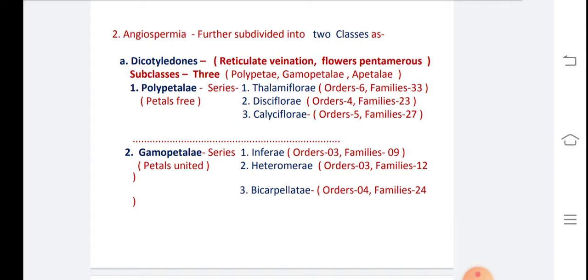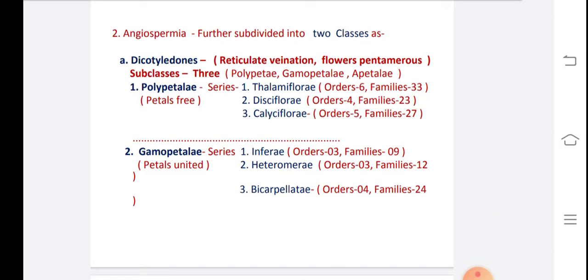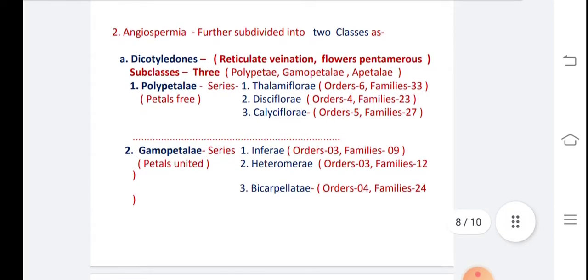Again, dicot is divided into 3 subclasses. First, Polypetalae, with 3 series: Thalamiflorae, Disciflorae and Calyciflorae. Polypetalae means petals free, please see in the bracket. Then second, Gamopetalae, petals united, which has 3 series: Inferae, Heteromerae, Bicarpellatae.